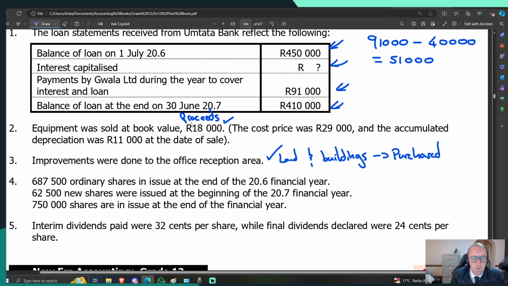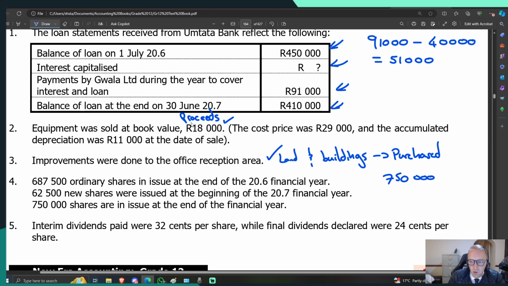687,500 ordinary shares in issue at the beginning of the year, 62,500 new shares issued at the beginning of the current financial year, 750,000 shares in issue at the end of the financial year. So let's just double check that we didn't have repurchases. We may have had repurchases. So we had 750,000 at the end of the year.